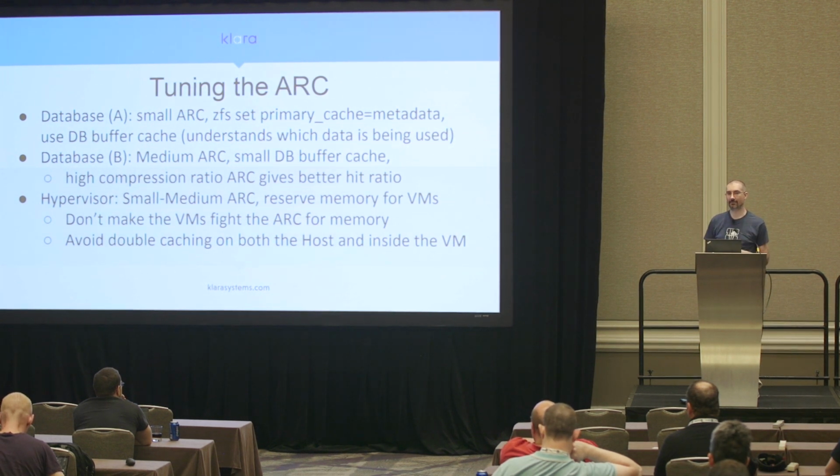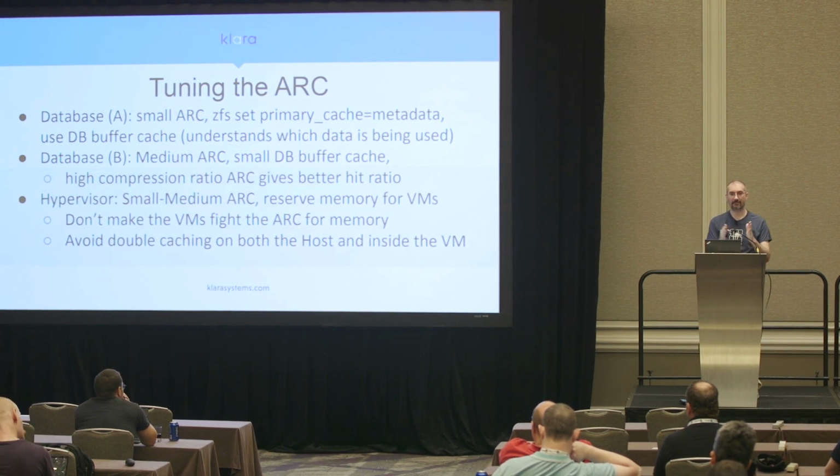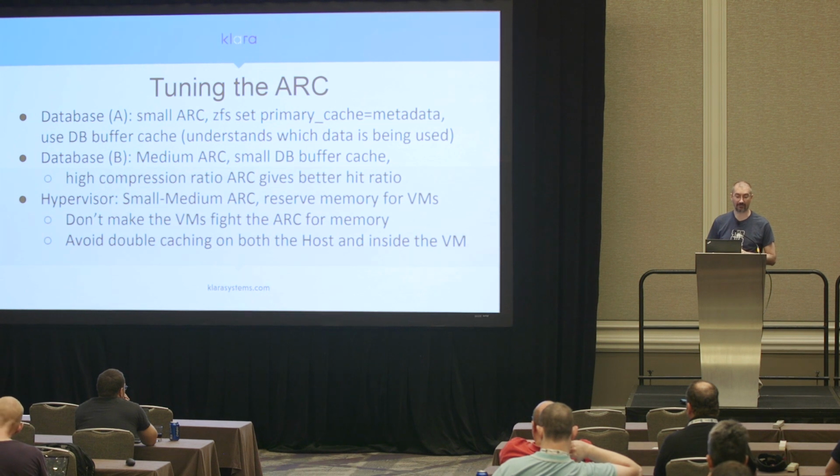So depending on your workload, you might decide to have ZFS not cache it and let the database handle it, or if you have very compressible data, it might work better to actually shrink the buffer cache in the database to be small and let ZFS handle caching it, because it'll cache the compressed versions.